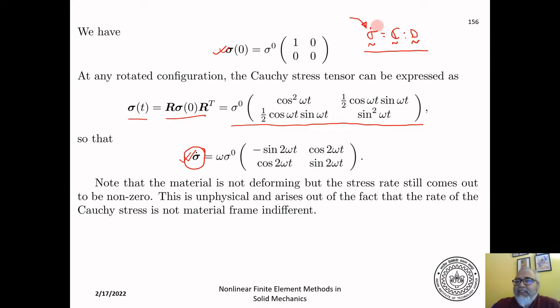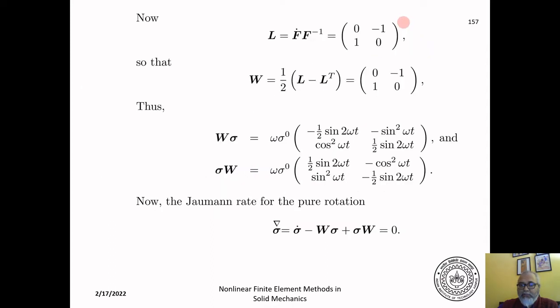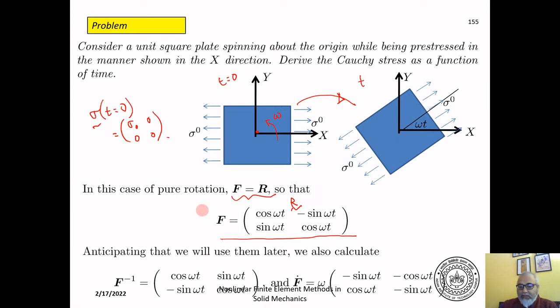To remedy this, as we discussed in the last segment, we can replace this by some objective stress rate like the Jaumann rate. Remember the Jaumann rate is sigma dot minus W sigma plus sigma W. To calculate the Jaumann rate, we will have to calculate L. So we take this F, which is the same as the rotation.